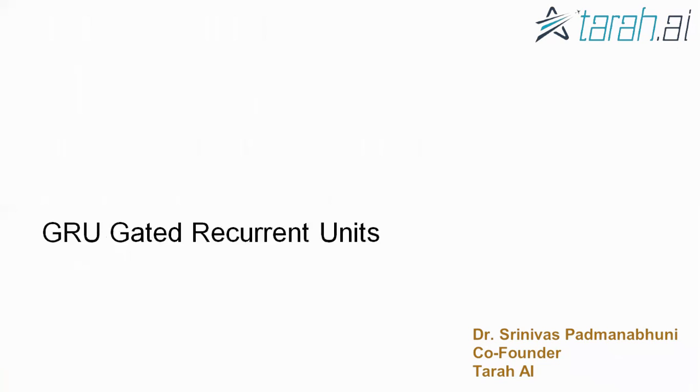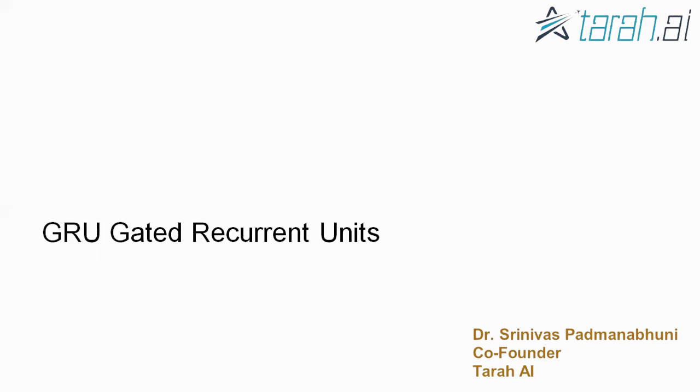So one of the frequent criticisms LSTM has faced is that there are too many gates, and the complexity of four layers combined with the three different gates is quite complex for somebody to explain why it is really very effective.